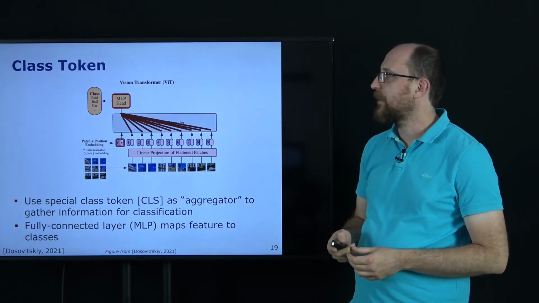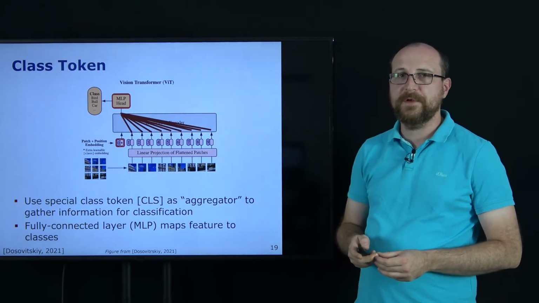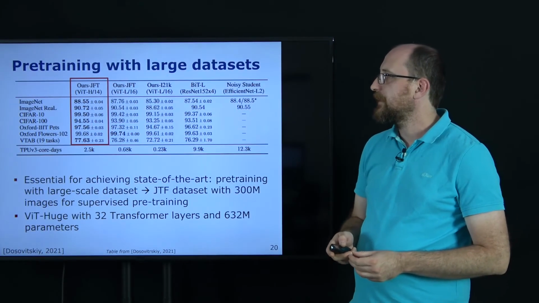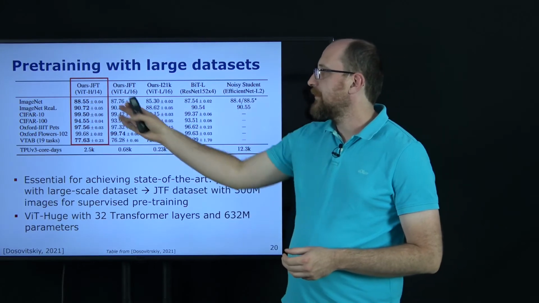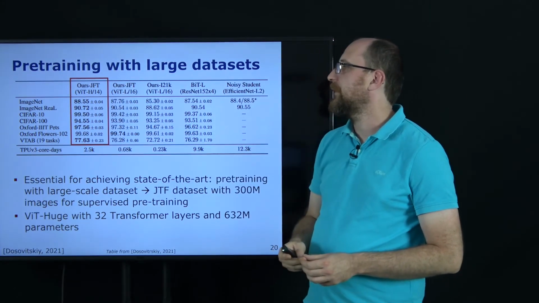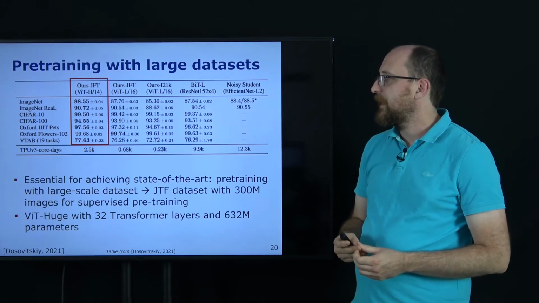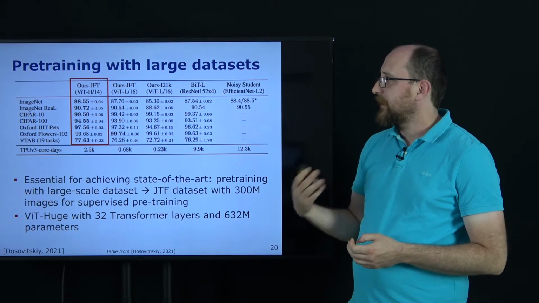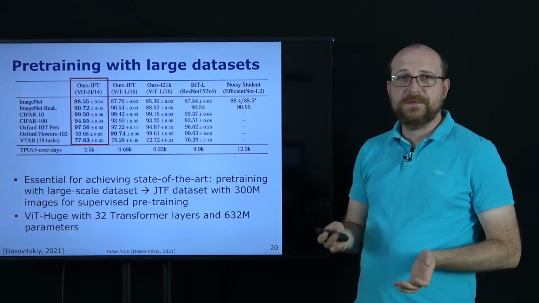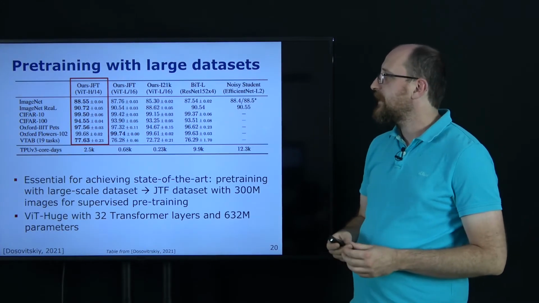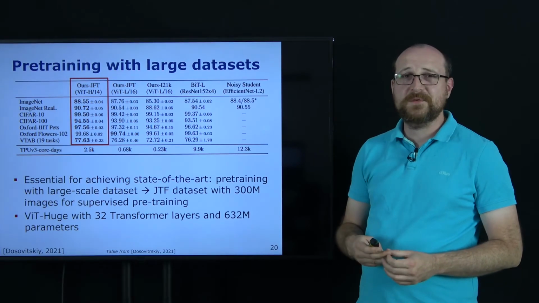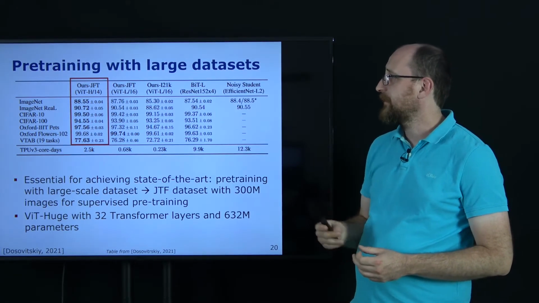And when we then look at the results that the vision transformer achieved, we can see that the results for ImageNet, but also for other transfer learning tasks, were reaching state-of-the-art or even surpassing state-of-the-art. So it was widely recognized that there's something happening there, that transformers can be used also for this task.